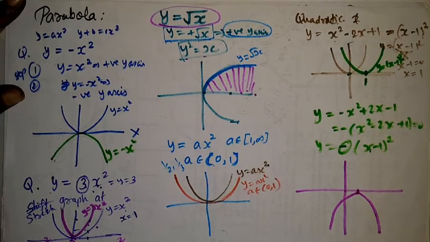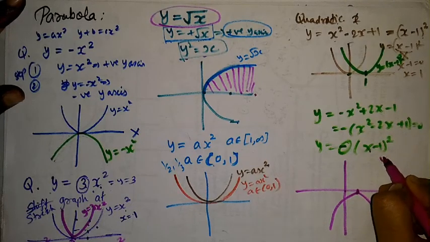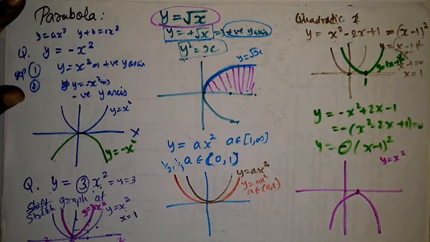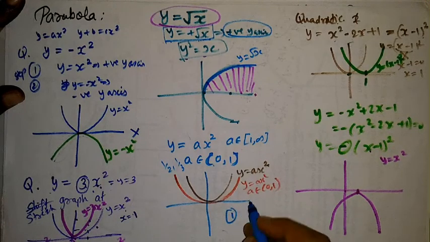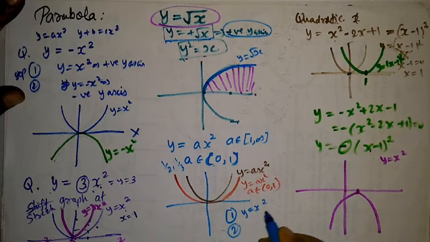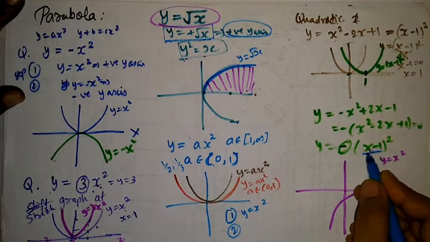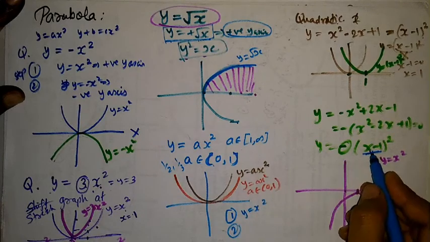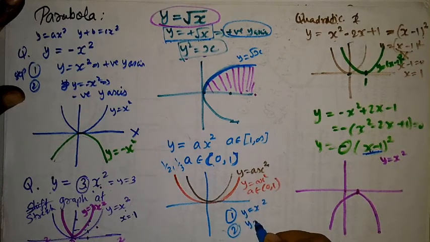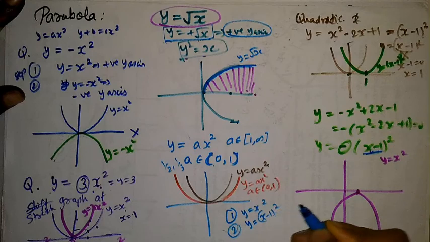So for drawing this graph you have to draw first y is equal to x square. I am telling the steps. Step 1 is draw the actual graph, easiest graph, y is equal to x square. Step 2, see which value is changed. So here x minus 1. Then shift the graph to that point.